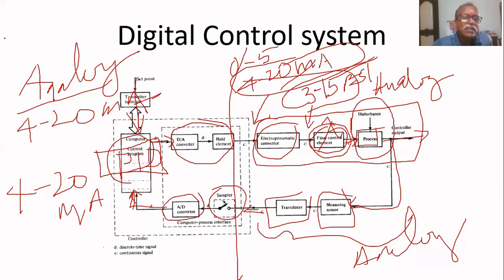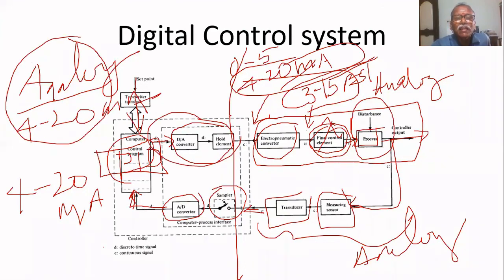That's why there is an inbuilt DAC and inbuilt ADC, so that you can directly connect an analog voltage and take an analog output. That's why it is effectively an analog PID controller.